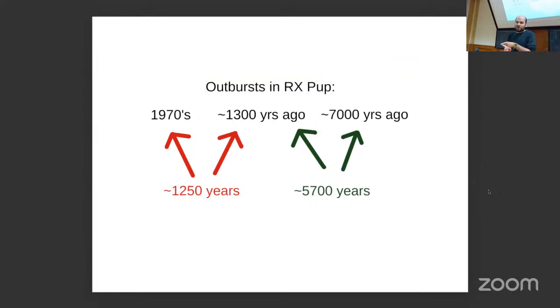One is to change the mass of the white dwarf, which you cannot do on that time scale. The second one is to change the mass transfer rate, which seems plausible. And the third way is to change the core temperature of the white dwarf, which you can do, but this is the least significant parameter, and you cannot realistically change the temperature so much that you would observe this dramatic a difference. So most likely, on the time scale of the last 10,000 years, the mass transfer rate had to change in this system.